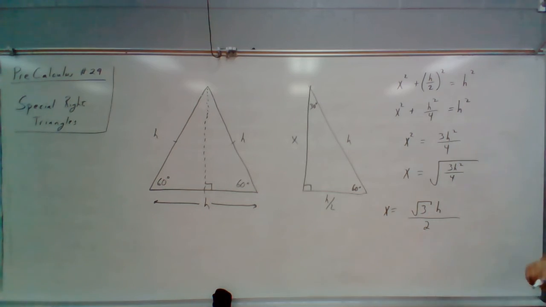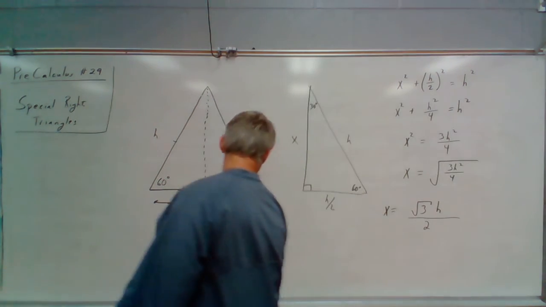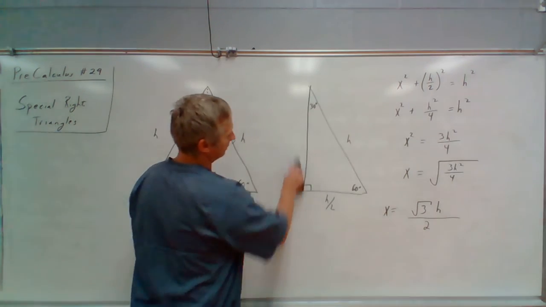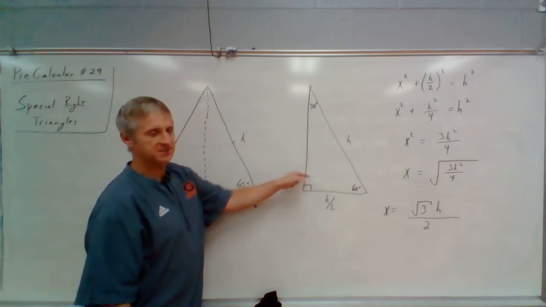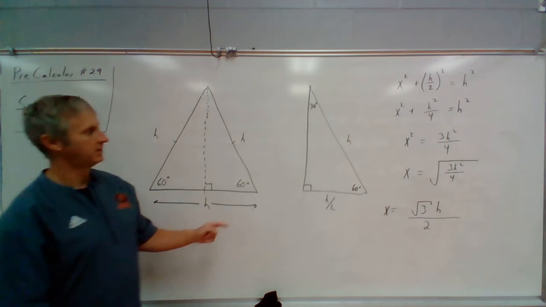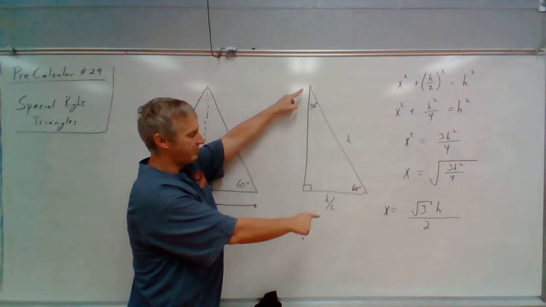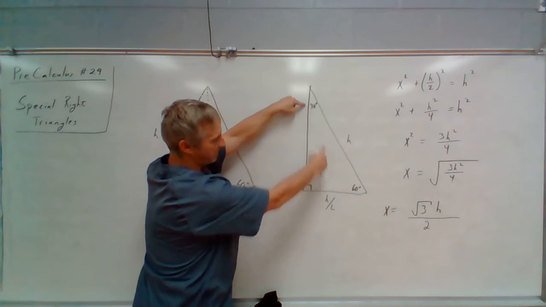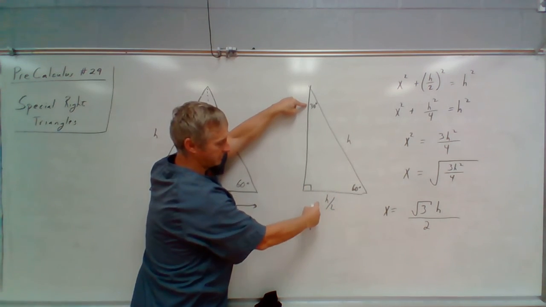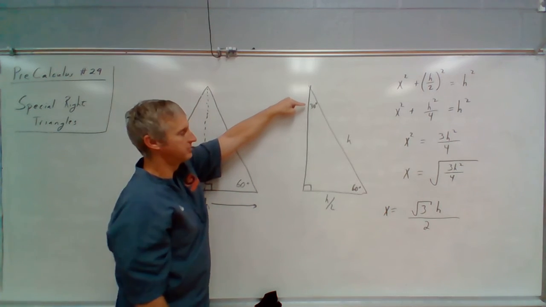All right. So very importantly, if you have a 30, 60, 90 degree triangle, in terms of the hypotenuse, the side opposite the 30 degree angle is the hypotenuse divided by 2.